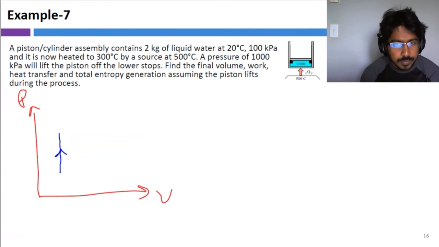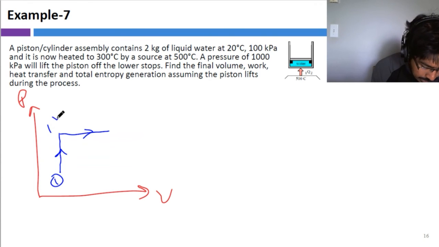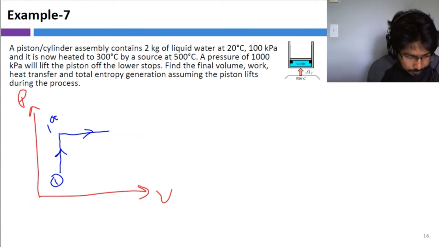And then after reaching 1000 kilopascals, the piston starts moving, right? If the piston starts moving, then the pressure is not going to build any further. So from 1000 kilopascal onwards, we are going to go like this. State 1, let's call it 1A as in the solution.